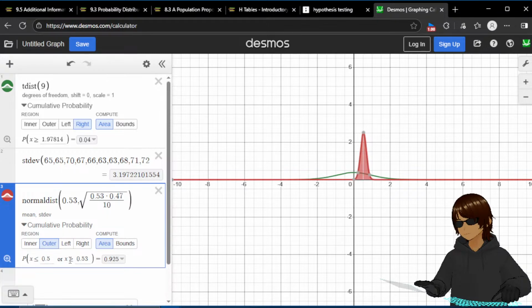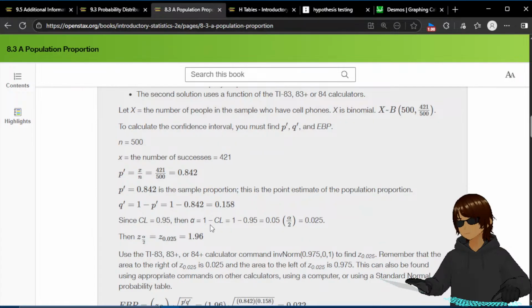Do we check 0.53? No, I don't think this is correct. I can't remember how to do this one.